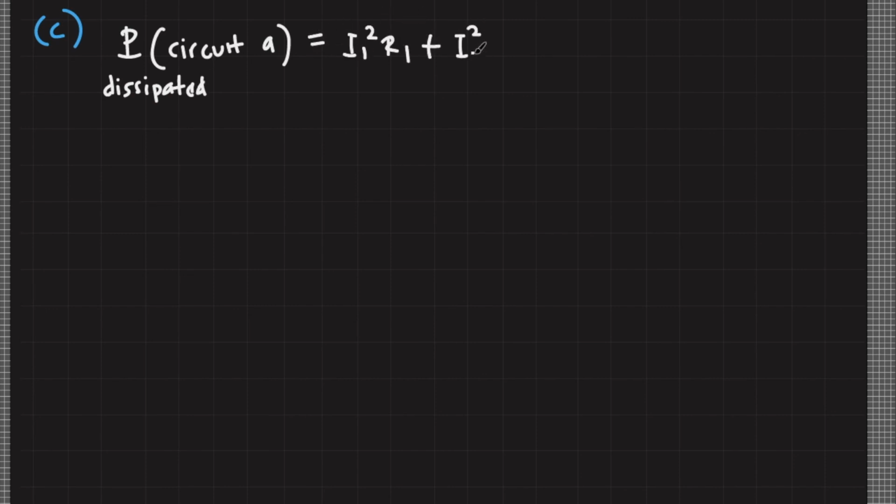For part C, we just have to calculate the dissipated power in the circuit. So for the power in circuit A, this is equal to 0.92 milliwatt.